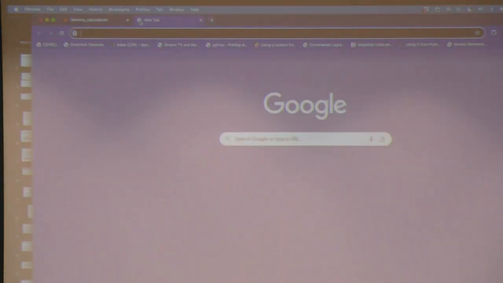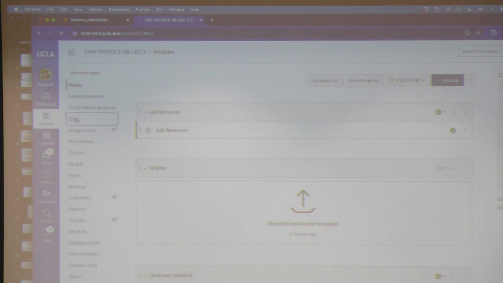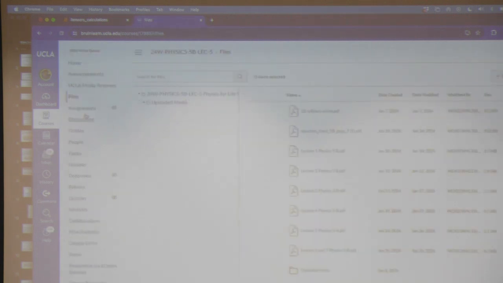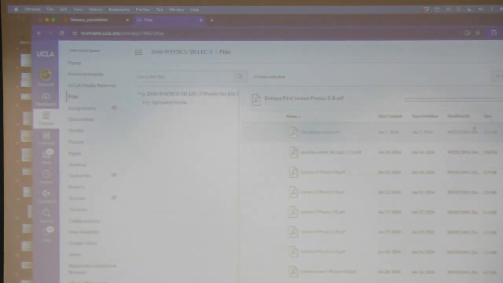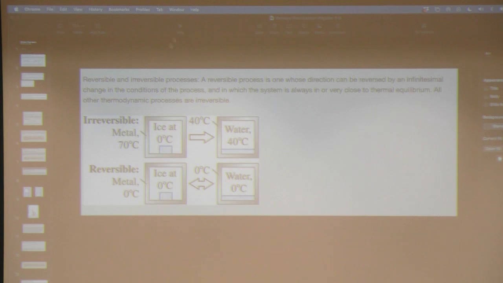Okay, now everything is posted, so we can start on the fluid dynamics.